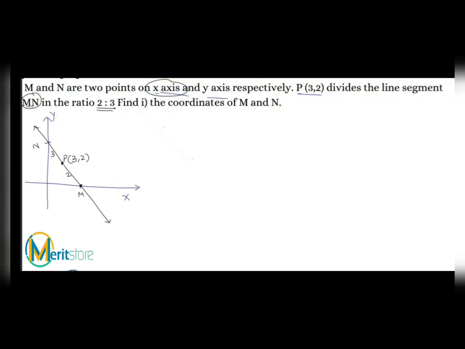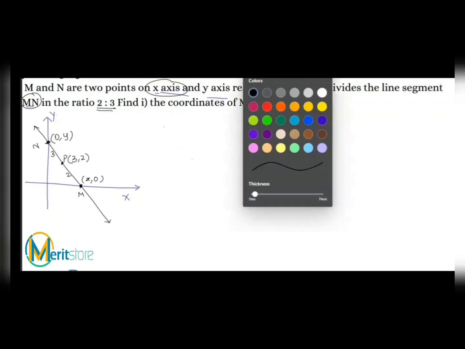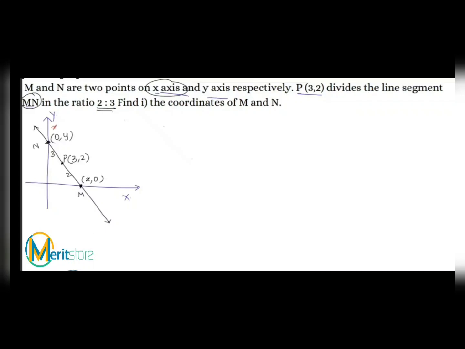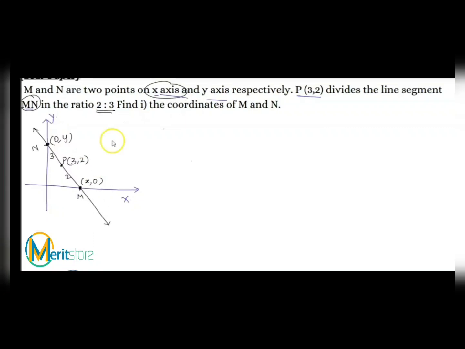Now if this point is on the x-axis, that means the y is 0 and there's some value for the x. And if this point is on y-axis, that means x is 0 and you have some value for the y. So that's the coordinates what we have got. So this becomes x1, y1. This is x and y. This becomes x2, y2. So let's start solving.